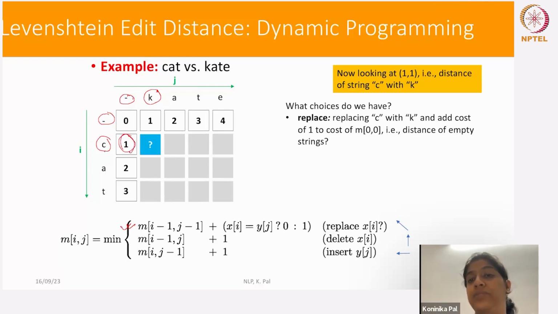From here I can calculate how to change C to K. Or if I have the number of operations required from null to K, I can use this information to find the minimal number of operations required.